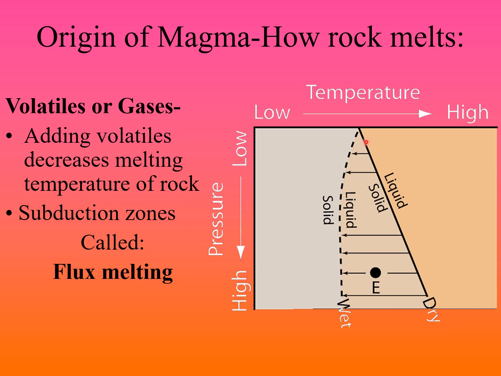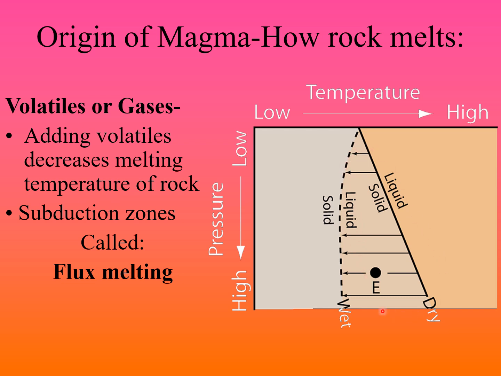And we can see here that at low temperature and low pressure and low temperature at high pressure, we've got solids here, right? And then you introduce a volatile, and it's basically taking this liquidus line and it's moving it over to a lower temperature here.